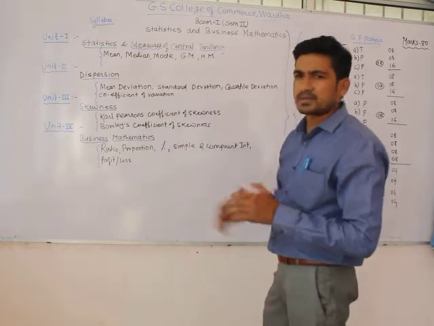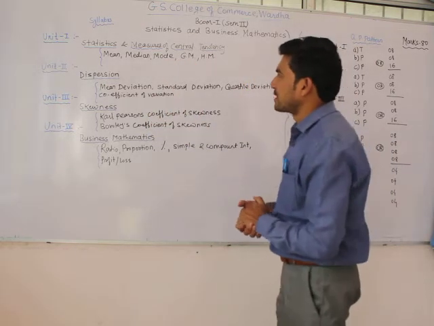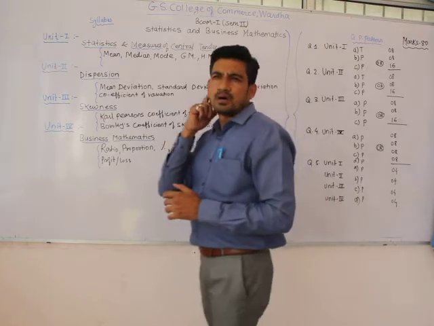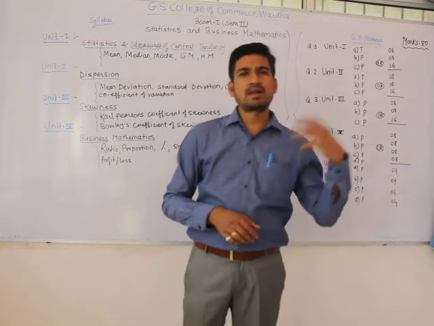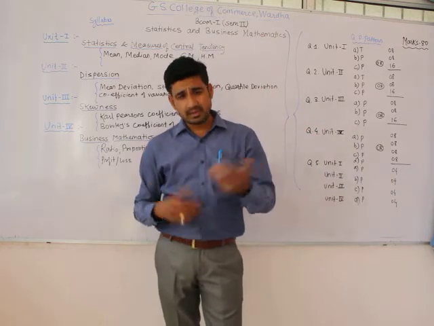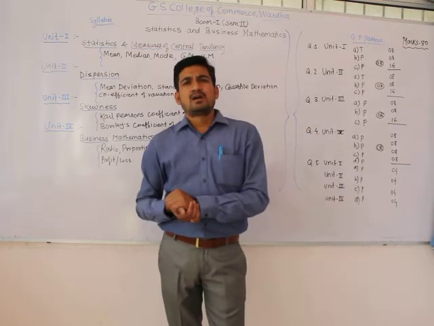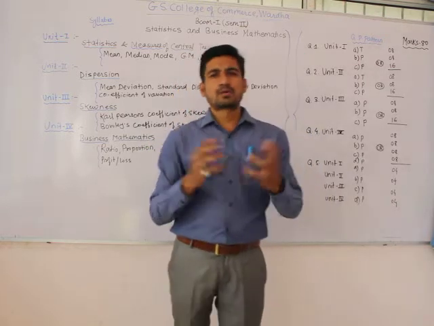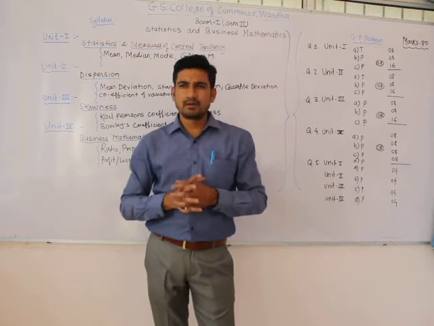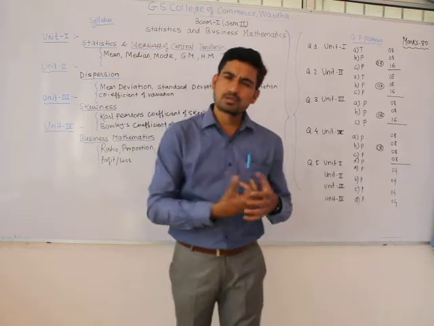In this syllabus we have 4 units: first, second, third and fourth. We don't have to collect the data, which statistics normally involves along with analyzing and tabulating it, because we are not doing any research project here.